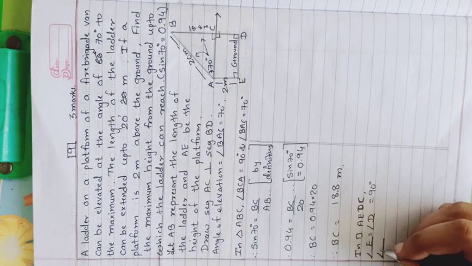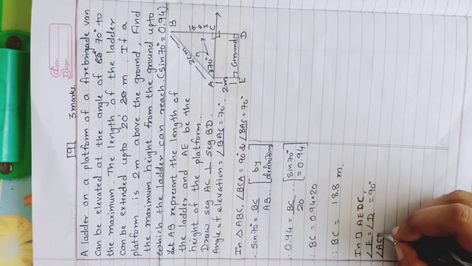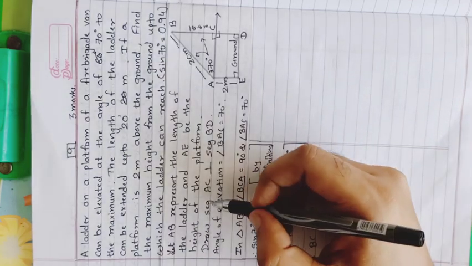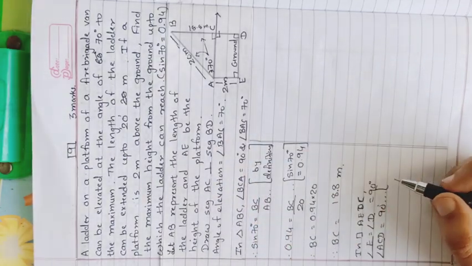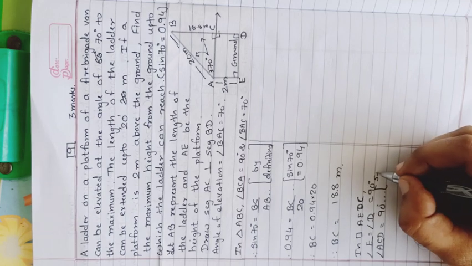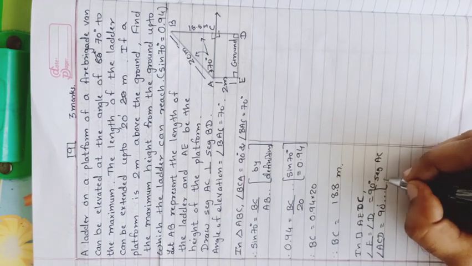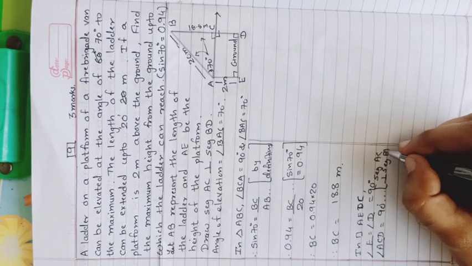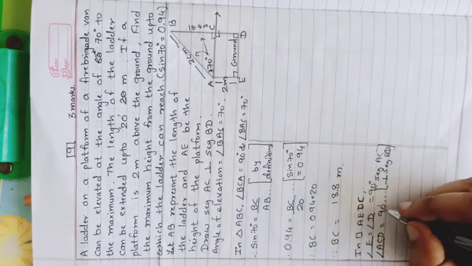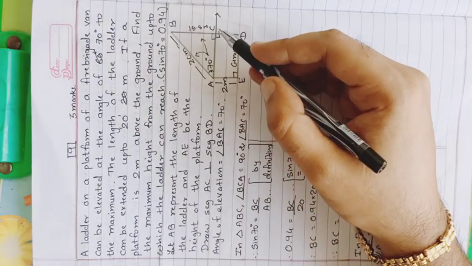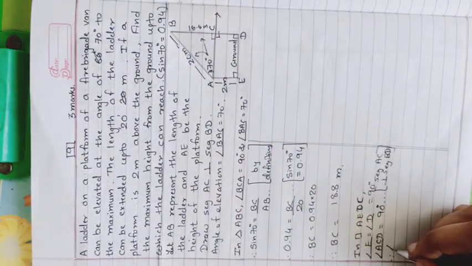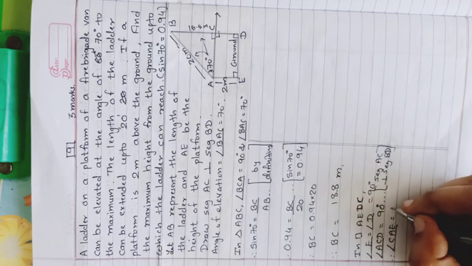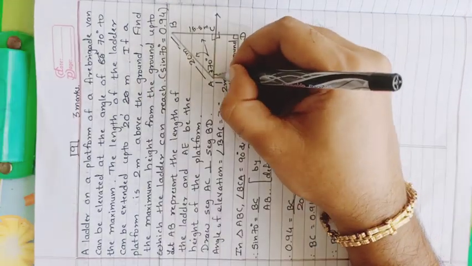So angle ACD equals 90 degree. Reason: segment AC is perpendicular to segment BD. So we got this 90 degree. Then the fourth angle, angle CAE, is also 90 degree.